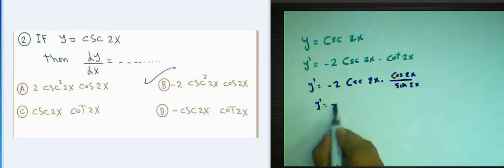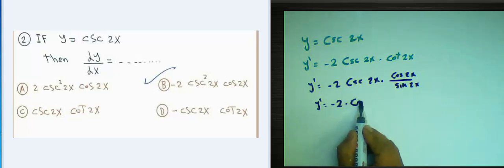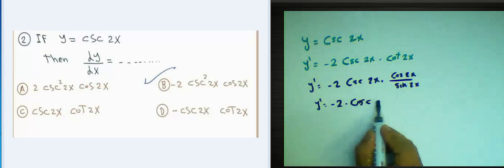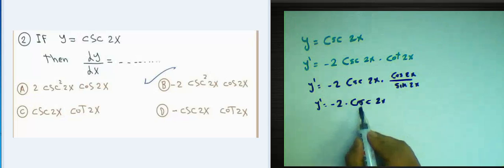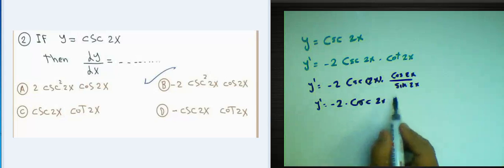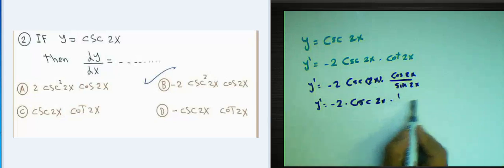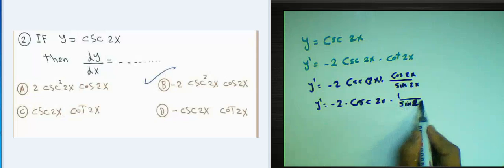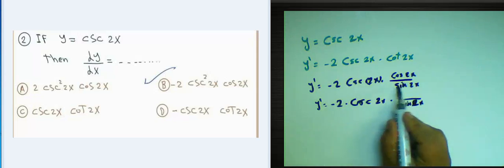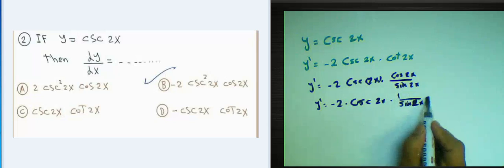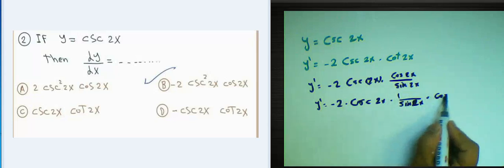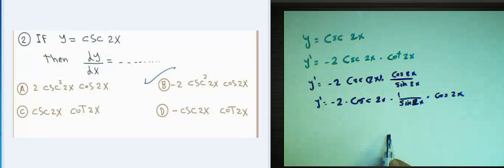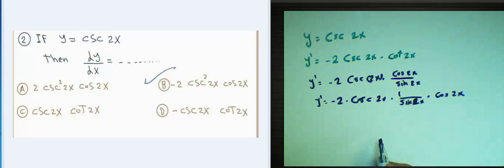Then y dash equals negative 2 cosec 2x multiplied by 1 over sine 2x, then by cosine 2x. Understood?